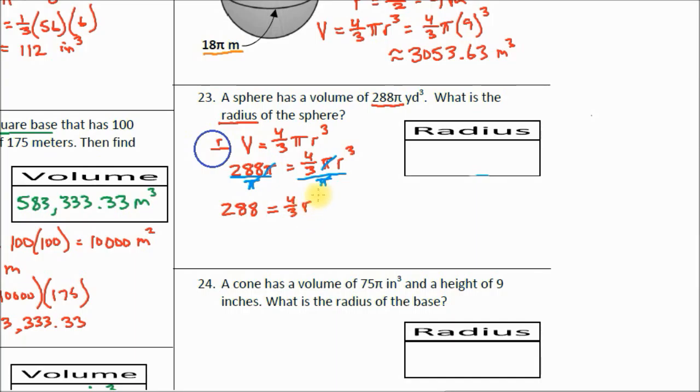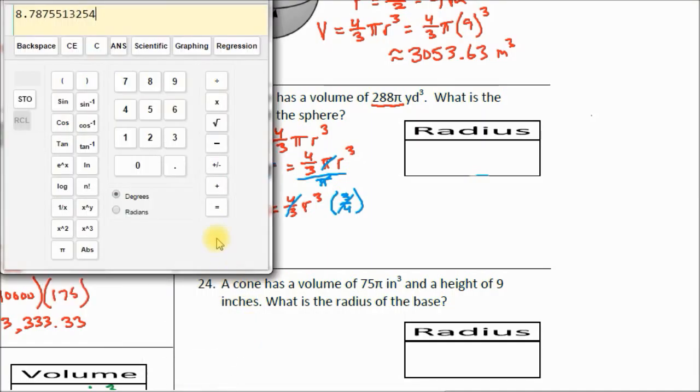4/3 times r cubed. Now we're going to use our law of reciprocals. To get rid of the 4/3 on the right side, we're going to multiply by its reciprocal, 3/4. And that means we're going to multiply this side by 3/4. The 4/3 and the 3/4 turn to 1, so we can get rid of them.